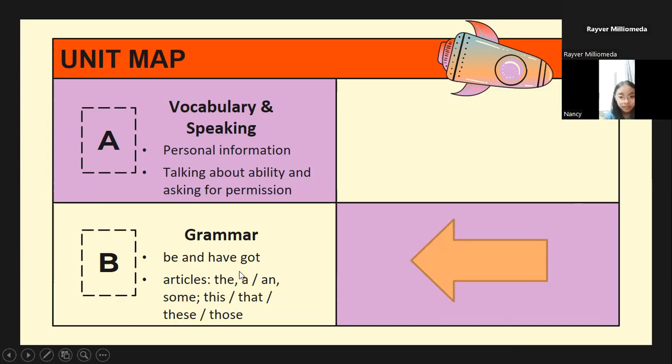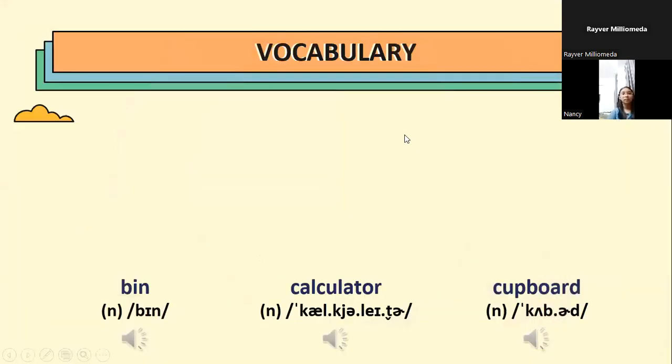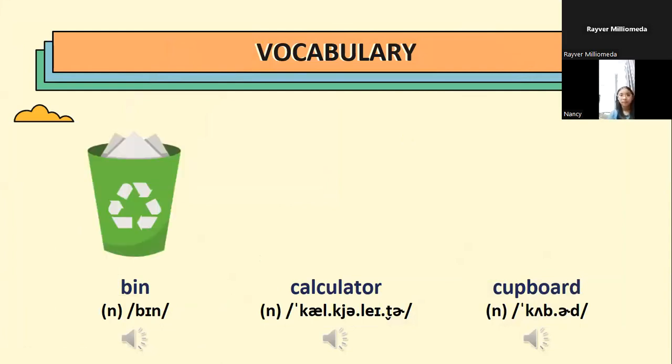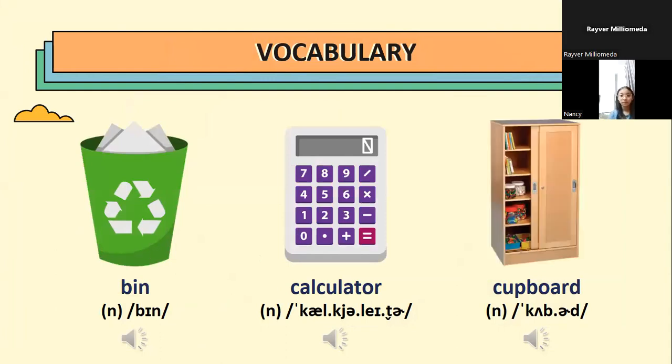B and have got, articles the, a, and some, this, that, these, those. Okay, so we are going to learn some vocabulary, some grammar that we will eventually use in constructing a sentence or talking to somebody. But first we need to learn some vocabulary.